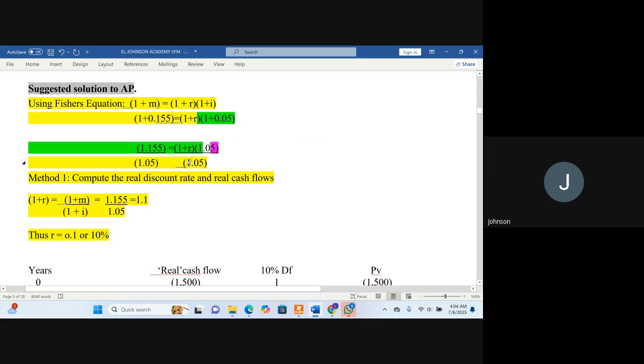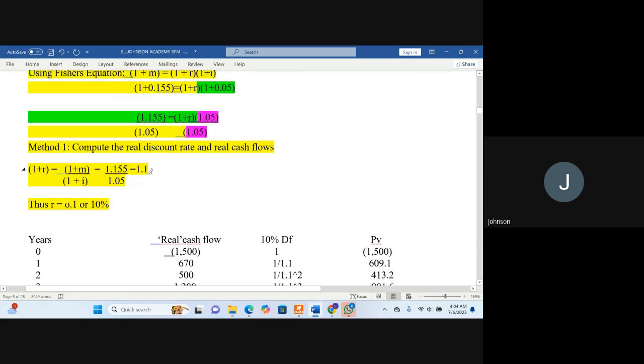So this one and this one cancel each other out. Once they cancel each other out, that's how we have what we have over here. So the answer at the end of the day will now become 1.1.